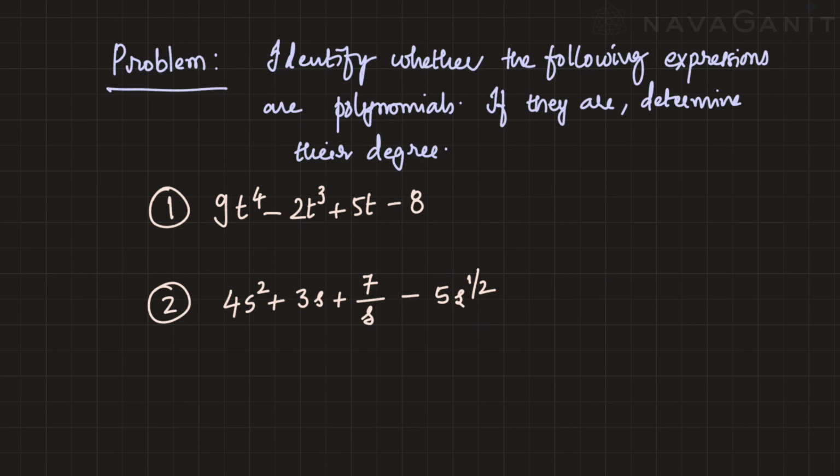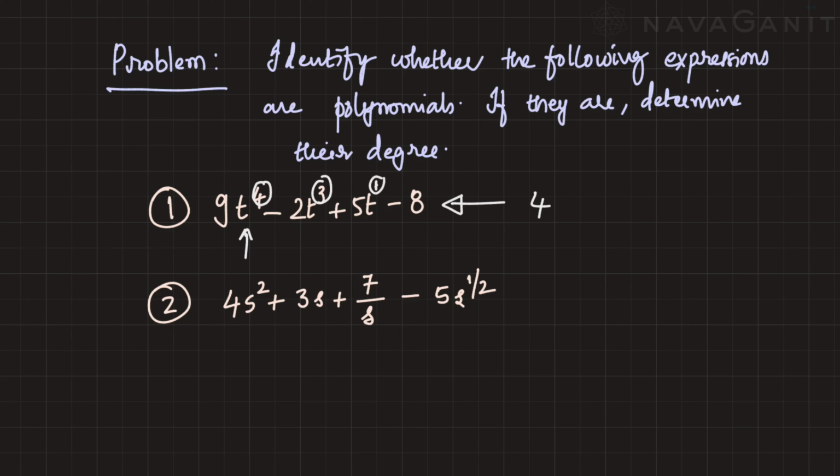Let us take up this problem. We need to identify whether the following expressions are polynomials, and if they indeed are polynomials, we need to determine their degree. First, this is a polynomial because all the powers of t, the variable, are non-negative integers, 4, 3 and 1. And the highest power of t is 4, so the degree is 4.